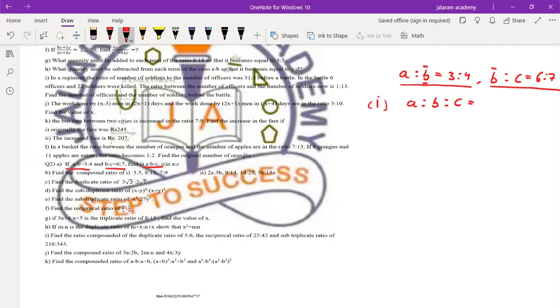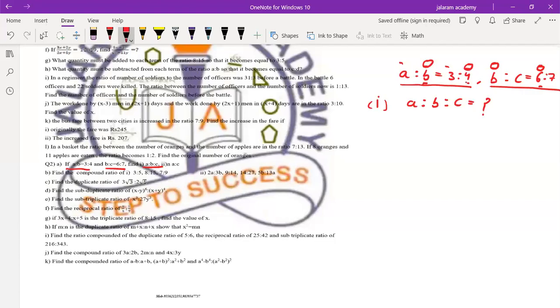In first ratio, B is equivalent to 4, and in second ratio, B is equivalent to 6. So 4 and 6 are not equal. So first we find their LCM to find A is to B is to C.